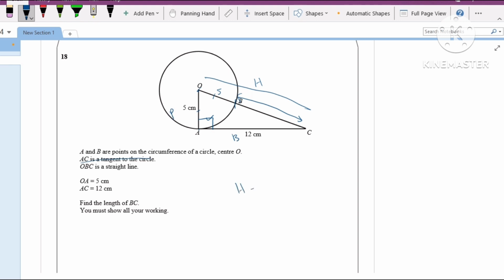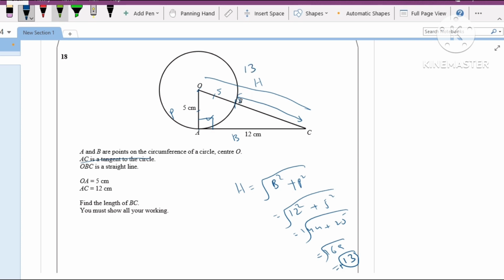This is base square plus perpendicular square and square root. So base is 12 square plus 5 square and square root. 144 plus 25 square root, 169 square root, that is 13, and it is only plus because it's a length, so it can't be negative. So this total length is 13.